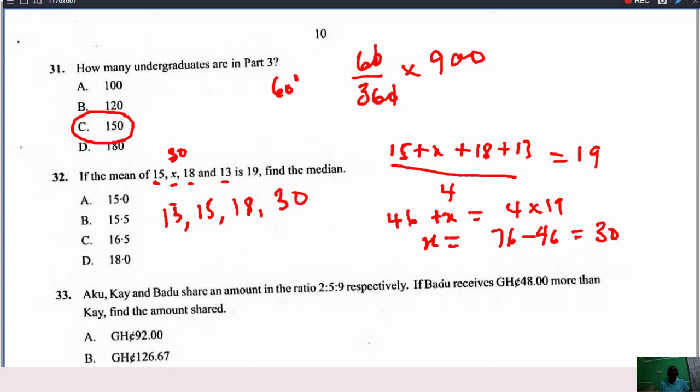So the middle numbers, the median, will be 15 and 18. So you find the average: 15 plus 18 divided by 2. So we will get 16.5 as the median. So you first find the x before you can find the median. Let's move on to 33.